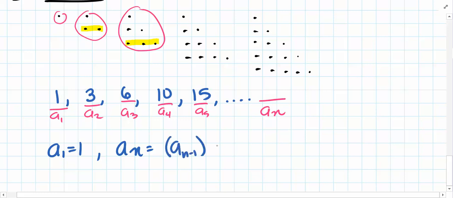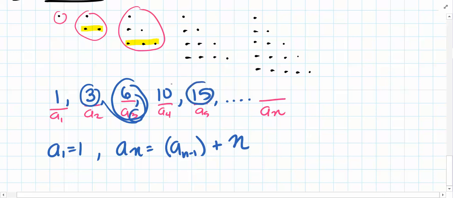I would add on just n, whatever that n is. So as an example, to generate the third term, I would add on the previous term, which is 3, plus the n value of 3 to get 6. To get the number 15, I would add the 10 plus the n of 5 to get my 15.